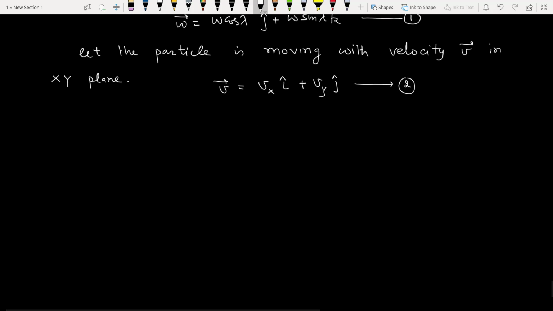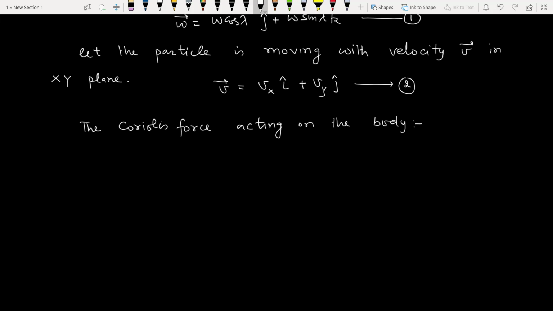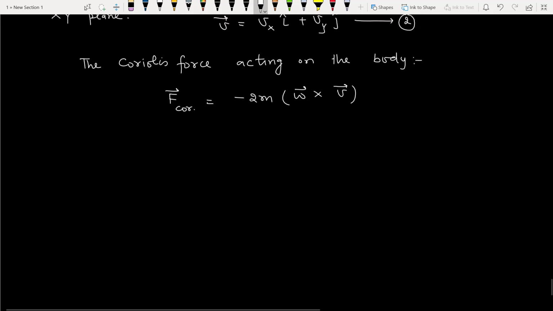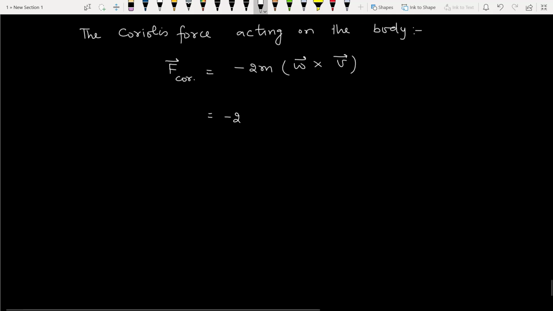So the Coriolis force acting on the body due to the motion of the body is a fictitious force whose value is given by minus 2m omega cross v, and if we wish to find its value, it will be calculated like this: i cap, j cap, k cap.